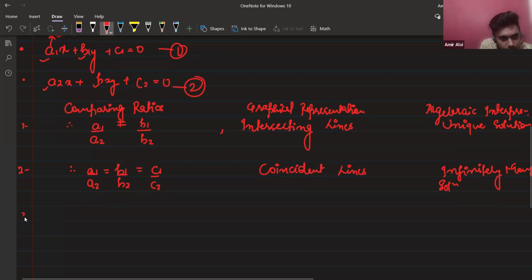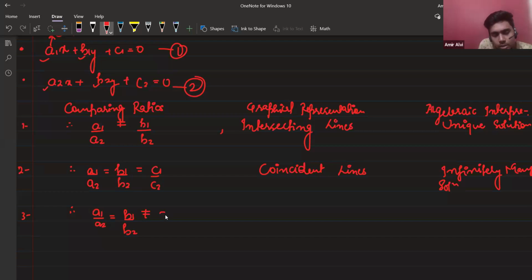Third and last one is A1 by A2 equals B1 by B2, but not equal to C1 by C2. This has no solution, which means this is a parallel line. Everybody knows what a parallel line is, yes or no?